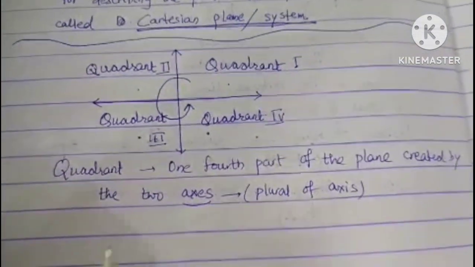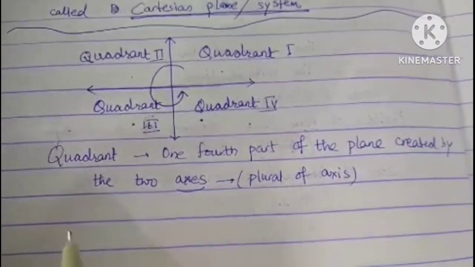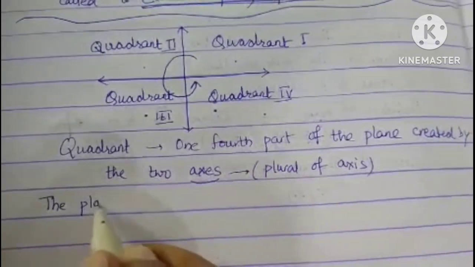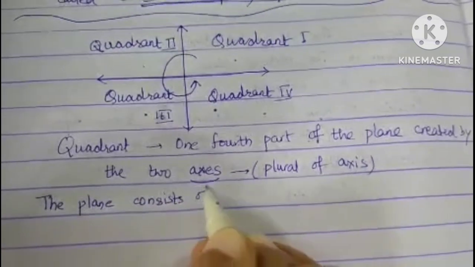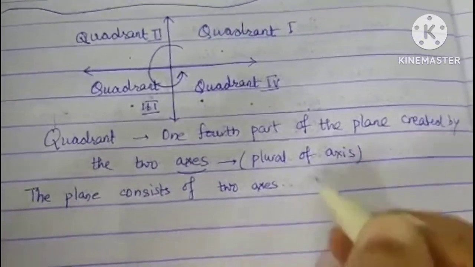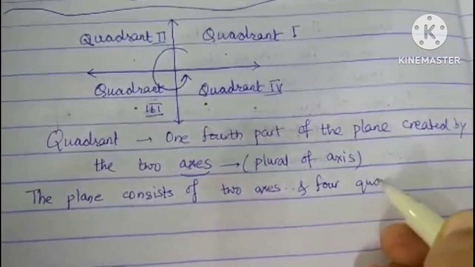Now this plane consists of 2 axes, horizontal and vertical, and 4 quadrants.